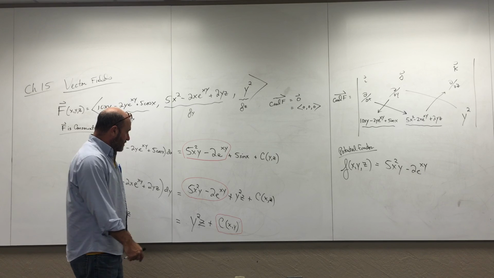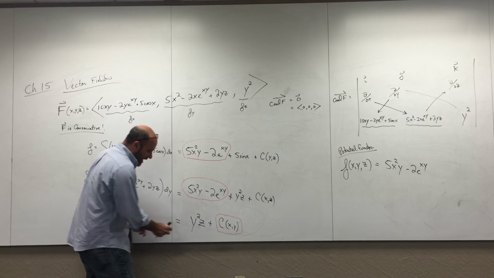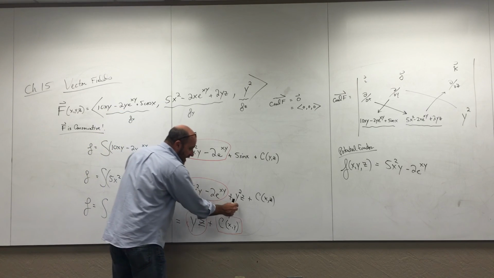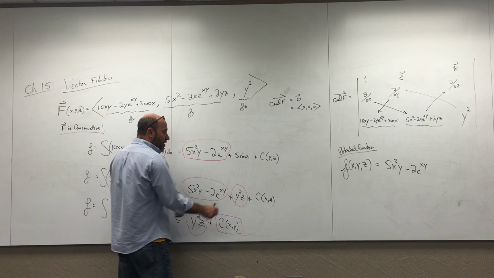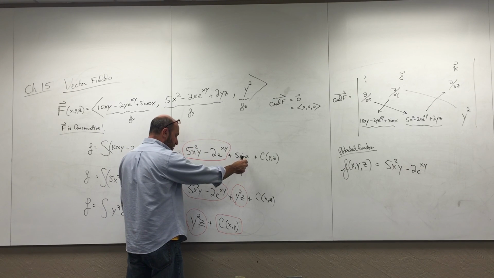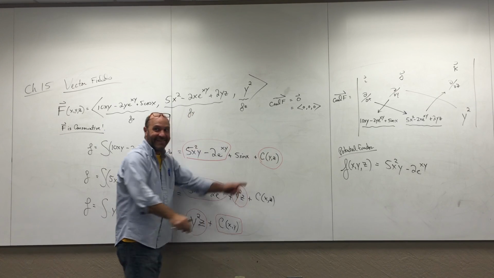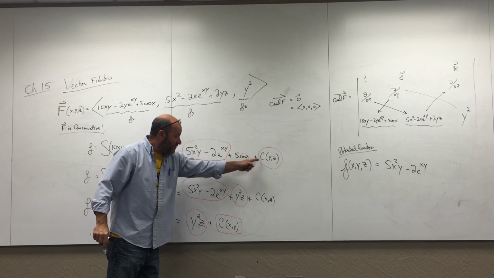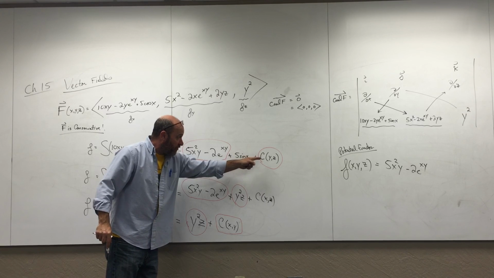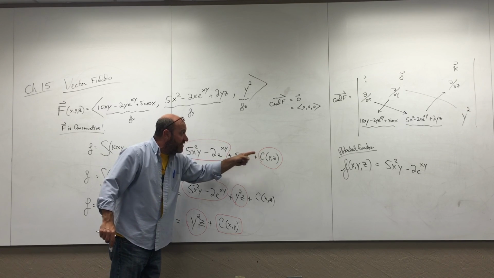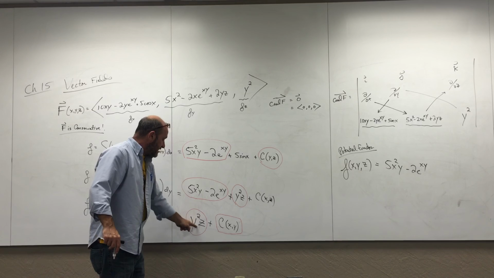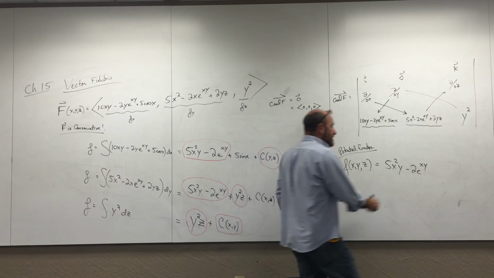Let's see, what else do they have in common? Oh, look at this. They have the y squared z. This one has the y squared z. Oh crap, this one doesn't. Or does it? That's my y's and z's. That's a function of y's and z's. I can say that matches these y's and z's here. So I need that y squared z in my problem.